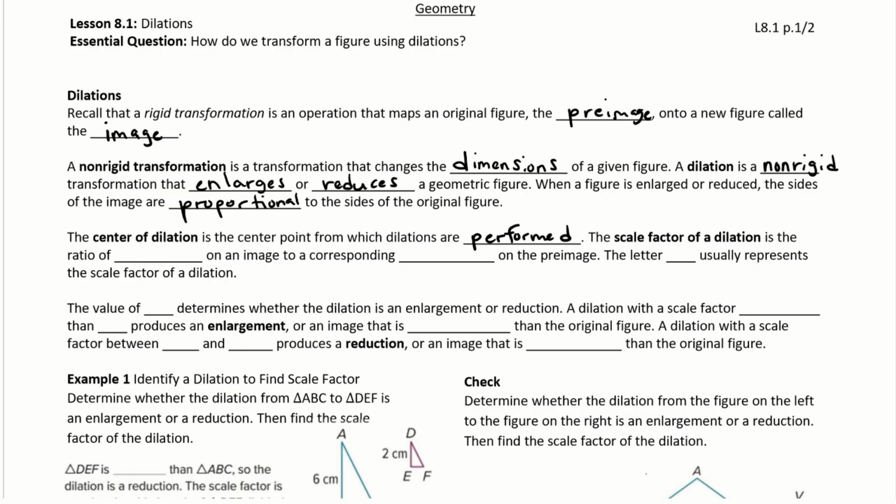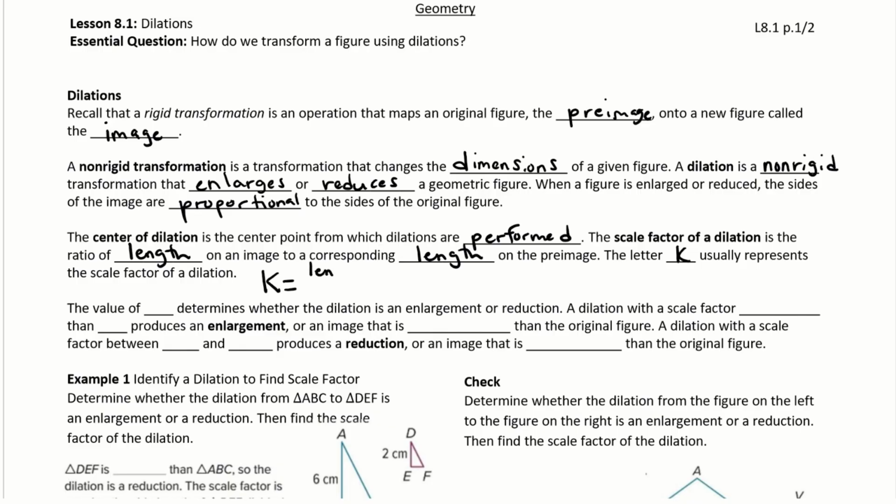The scale factor of the dilation is the ratio of the length on an image to the corresponding length on the pre-image. Usually we use the letter K for that. So the scale factor K is equal to the length of the image divided by the length of the pre-image.